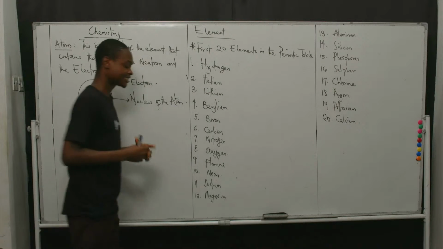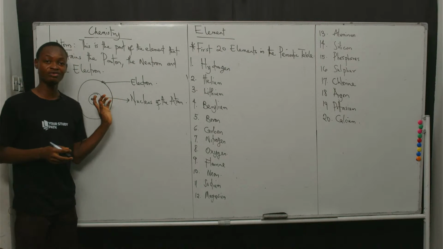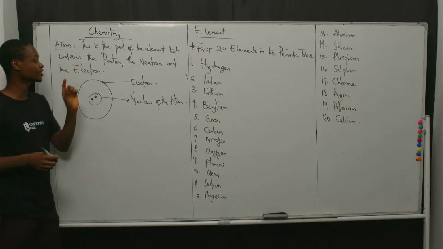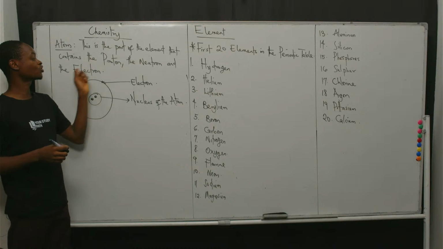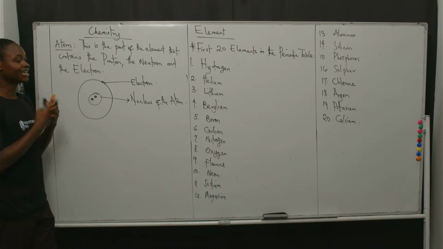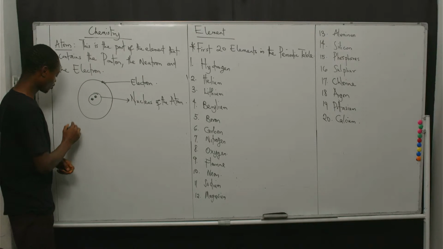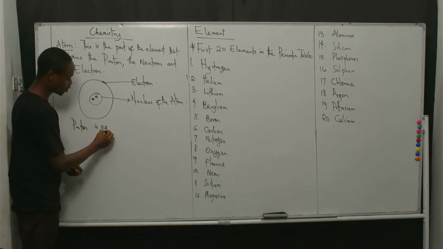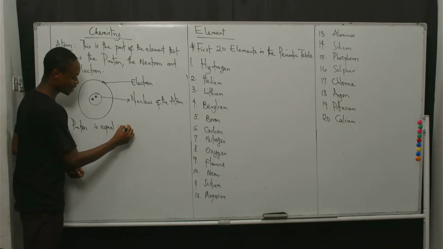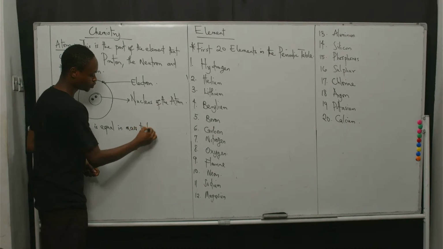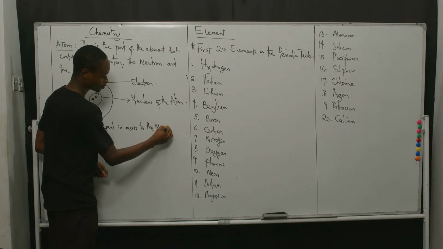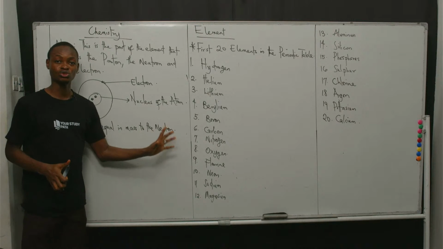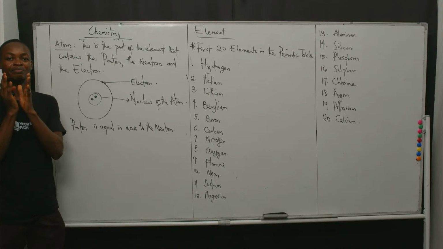So the next thing that also draws very big importance to this is the mass of the proton, neutron, and the electron. The proton is equal in mass to the neutron. They have exactly the same mass.